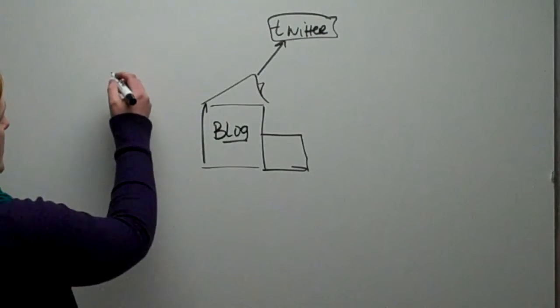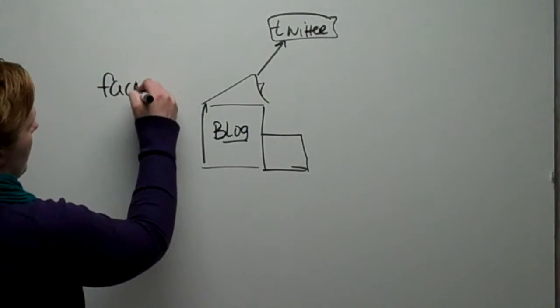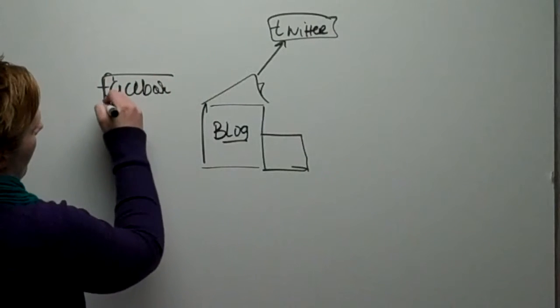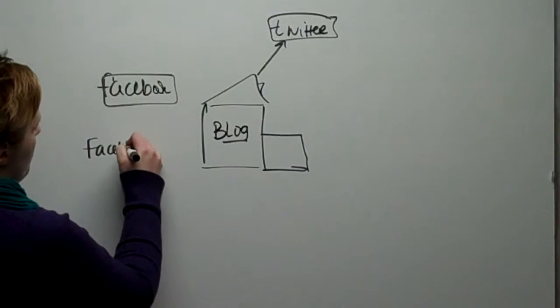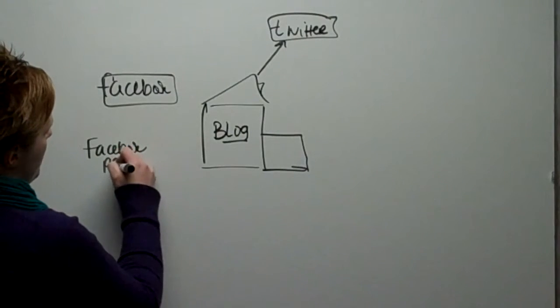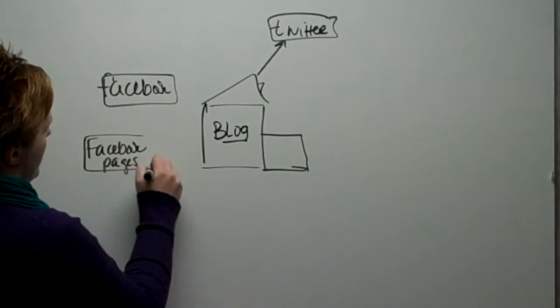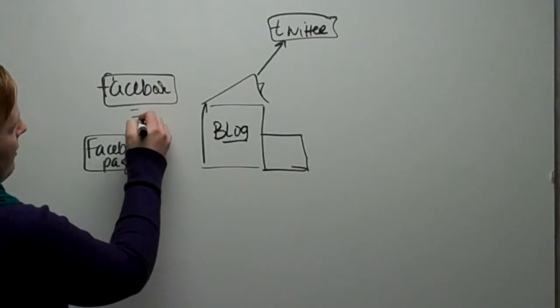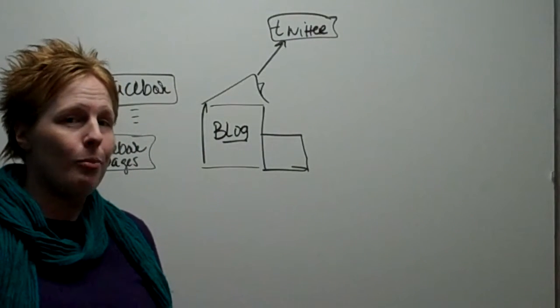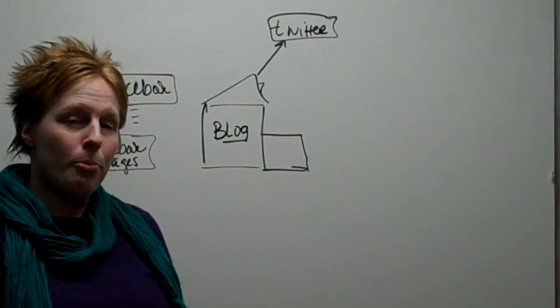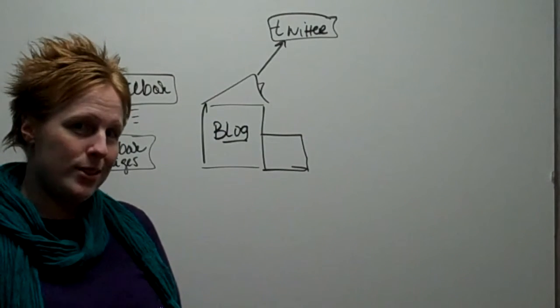The same is true for Facebook. And in Facebook, there are many different places that you can put your information. You can put it into Facebook, you can put it into Facebook pages, which would be about your business. And inside of your Facebook profile, there's actually several different ways that you can import your blog. You can put it into a tab, you can put it into boxes, and you can put it into notes.